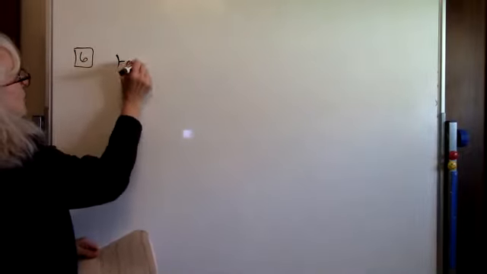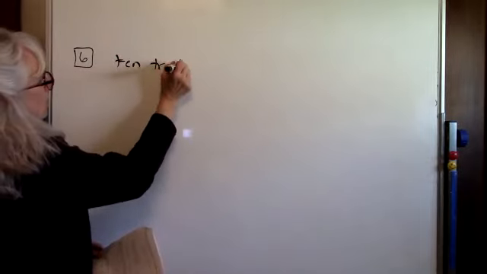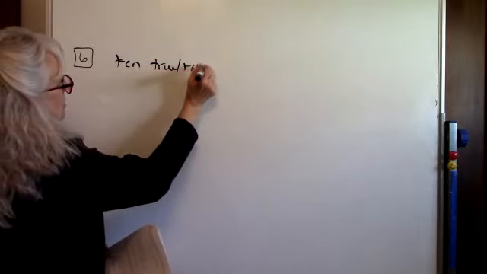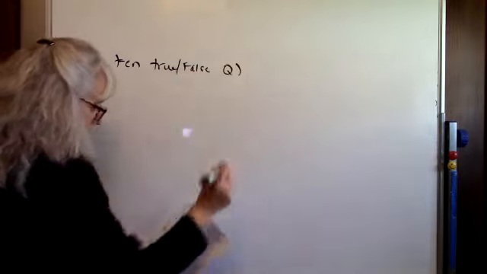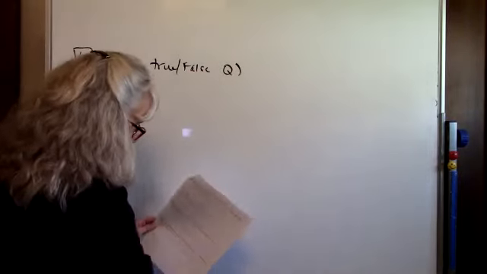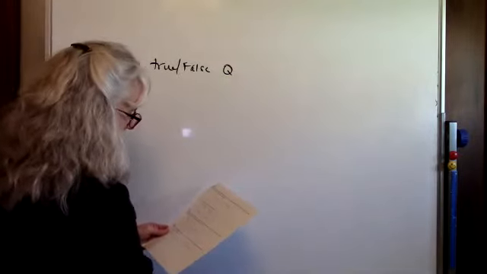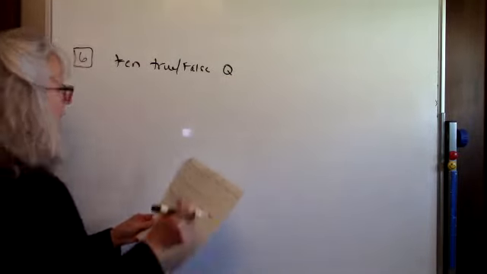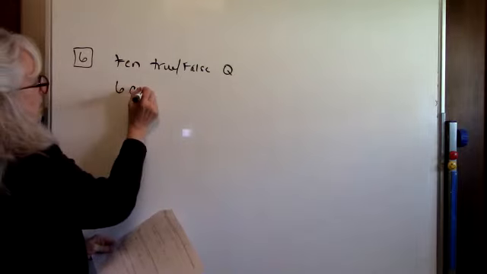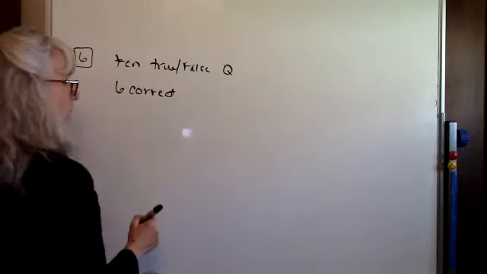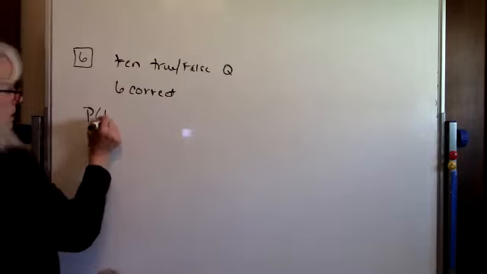So we have 10 true false questions on our exam. If a student guesses at every answer, what's the probability that he or she will answer exactly 6 correct? So we want 6 correct. So the probability that they get 6 correct.